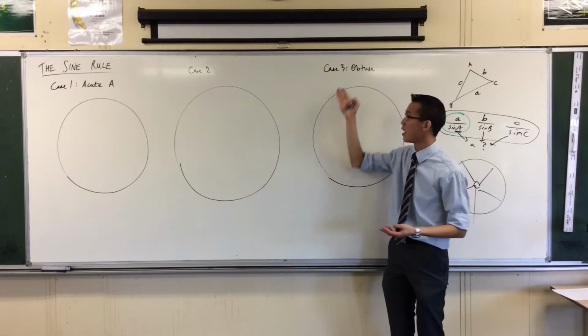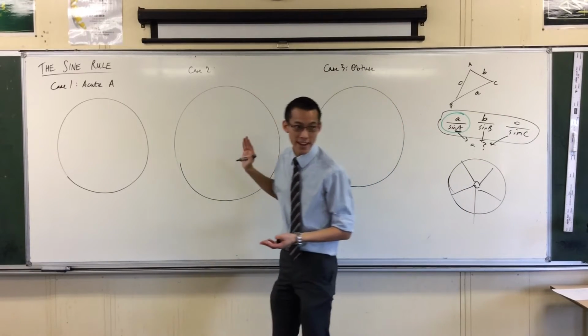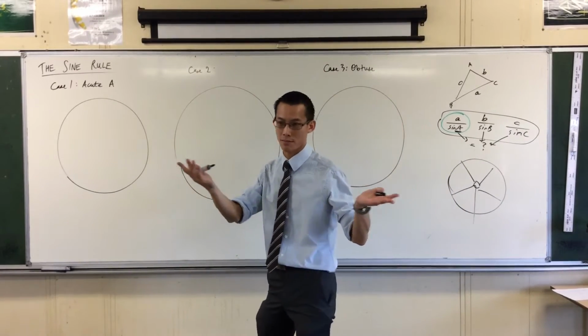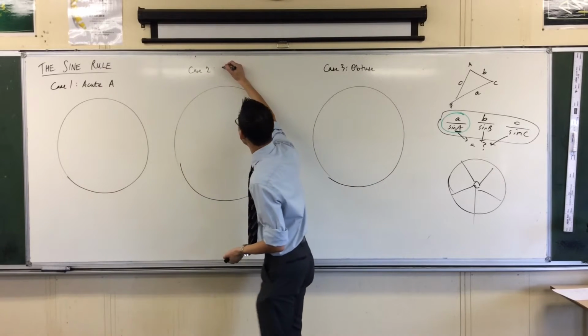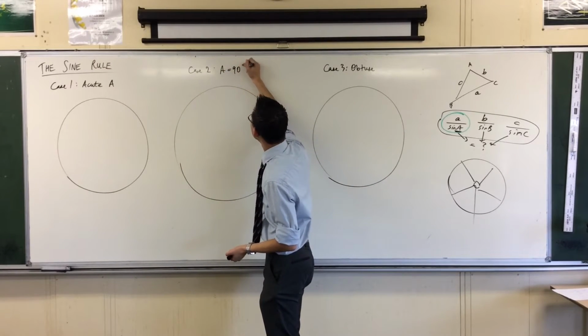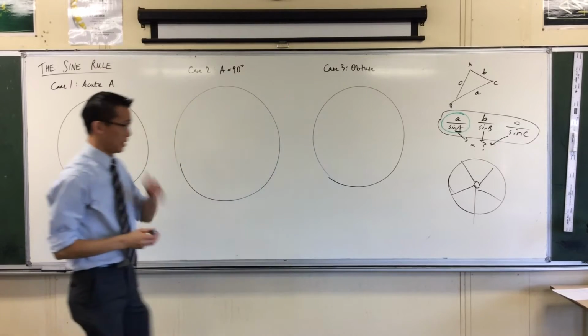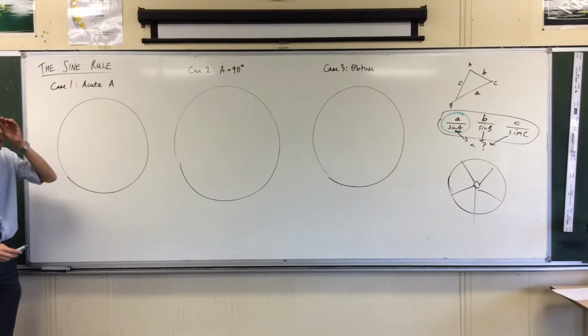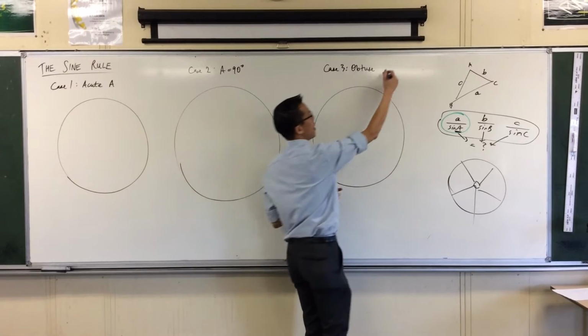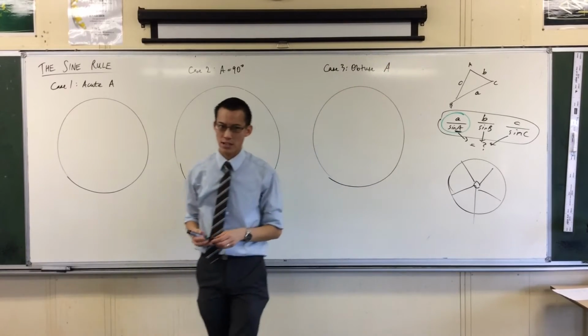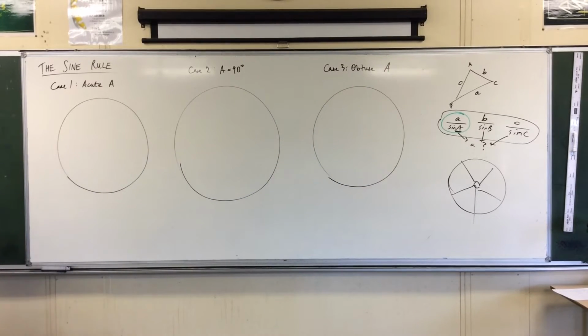But that, of course, implies between case one and case three, in between acute and obtuse, there's a right angle. So we're going to have a look at all three cases, and they look slightly different each time.